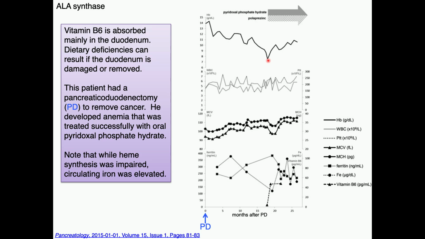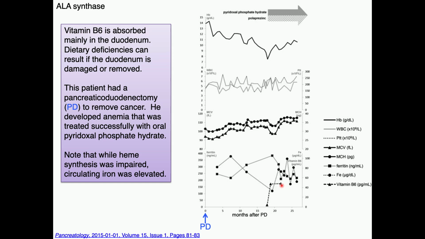At this point, the vitamin B6 deficiency was recognized and oral pyridoxine supplements were initiated, and then you get a restoration of the hemoglobin levels. So vitamin B6 levels in the blood are, I think, shown on this line. There are some other interesting parameters that are measured here having to do with iron metabolism, so total iron and ferritin iron.